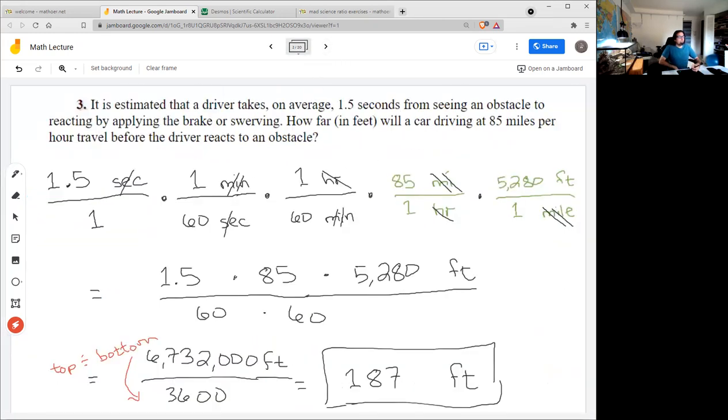Problem 3, we also did, but didn't have a good recording. And the point for this one was that we have to get rid of two different kinds of things. One is we wanted to change the seconds into hours, sort of dealing with time units. And then we have a rate specific to this situation, that the vehicle is going 85 miles per hour.